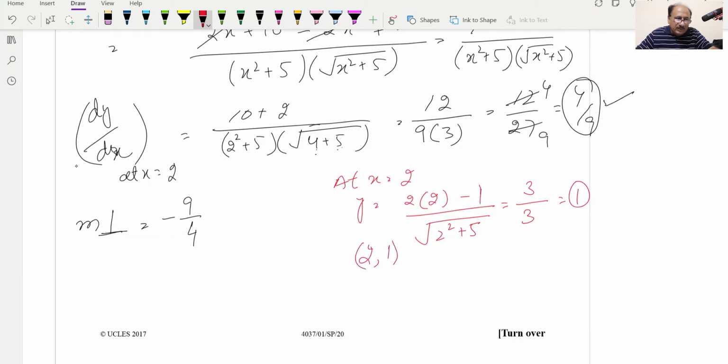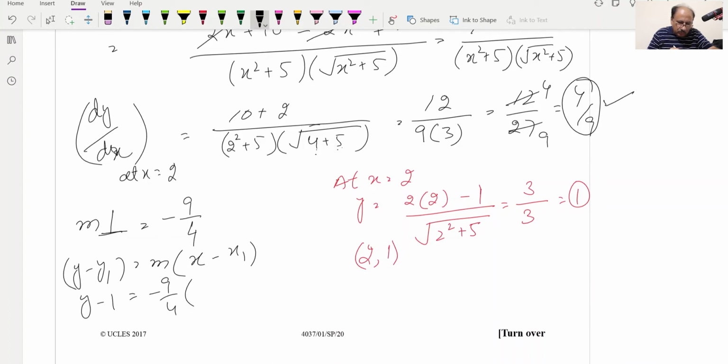So now we can write the equation of the normal: y minus y1 is equal to m into x minus x1. So y minus y1 will be y minus 1 is equal to m, which is minus 9 by 4, into x minus x1, which is 2.